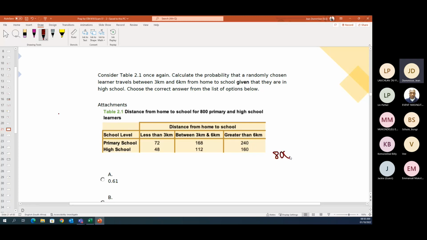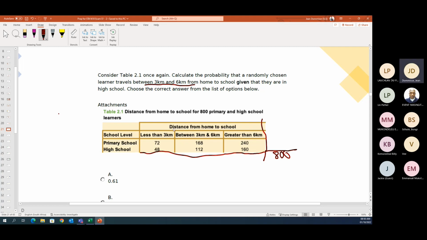So we will probably need to calculate some totals again. But before we go that route, let's see what we need to do. There's a table. Calculate the probability that a randomly chosen learner travels between 3 and 6 kilometers from school.